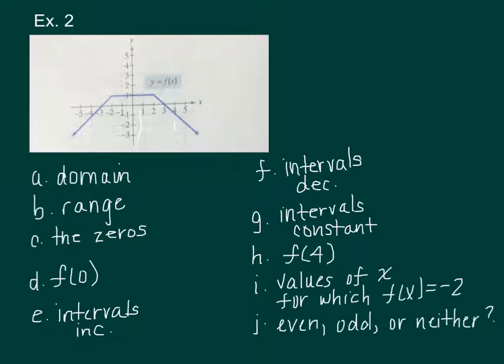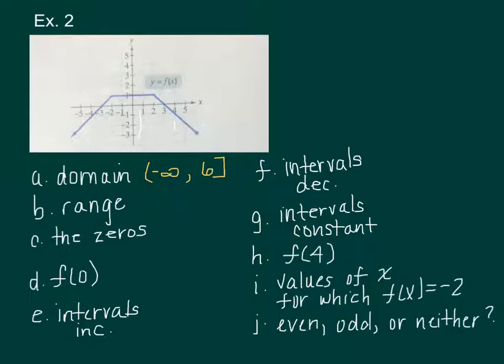For example 2, our last example, we're going to find the following characteristics. So first, let's do domain. Remember, domain is left to right, and you look at the 2 ends. So you're going from negative infinity, and we have a stopping point, which is 6, and it is included.